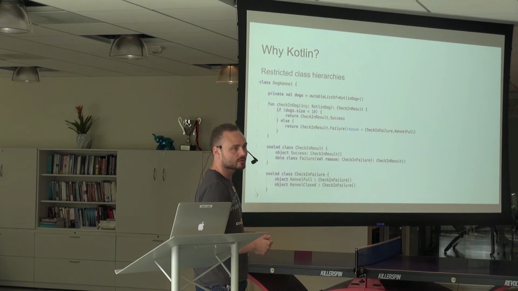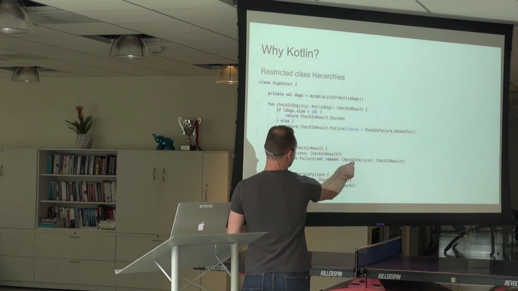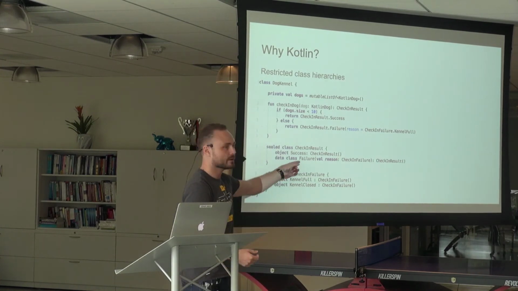Does that answer your question? Yeah, so checking result is your result on the other page, and then we have two options: object successful, failure. Yes. But you have reason checking failure. Okay, and then it's kennel. Yeah, this here is an attribute of the failure.